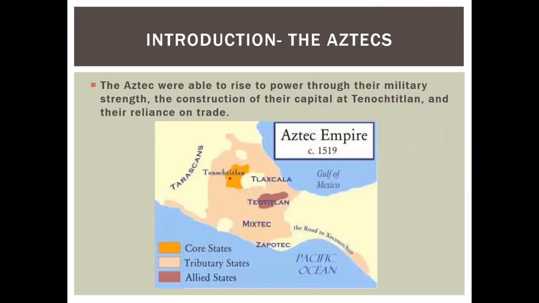Aztecs were in Mexico. And the Aztec Empire was a short-lived empire, but they conquered and created a unified empire by conquering several different smaller kingdoms in Mexico.